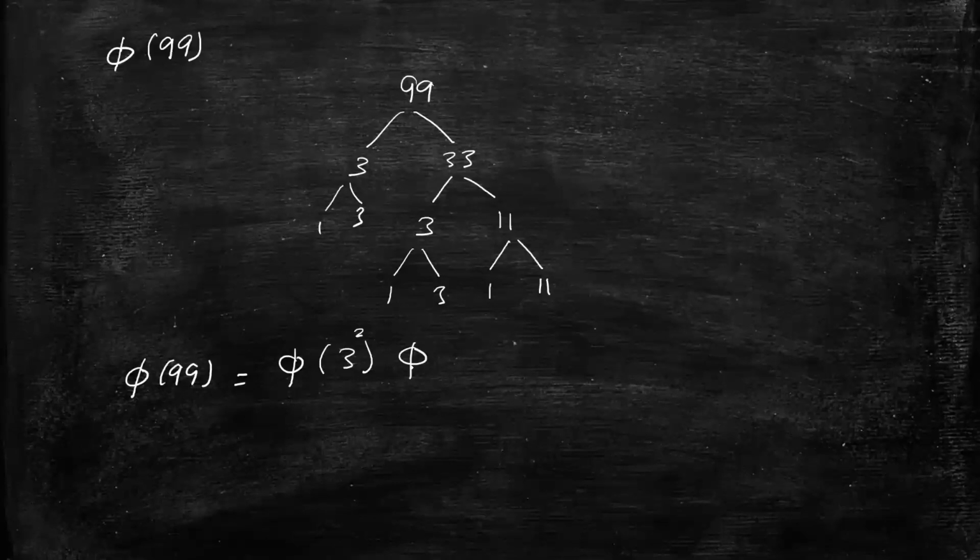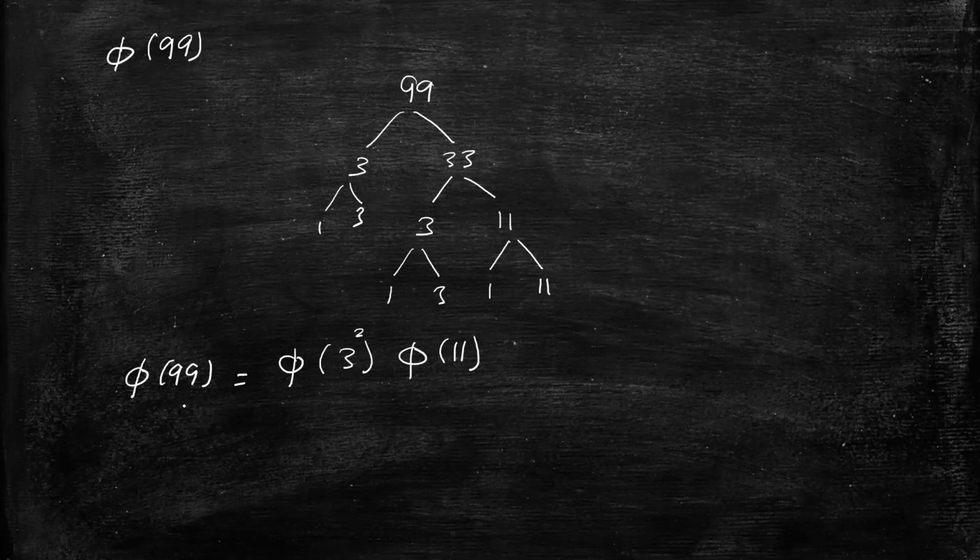And then we're going to multiply this by also the Euler function of the number 11. So this is just a restatement of phi of 99. Again, this would be the formula for the Euler totient function, just by using the exponentiation property.